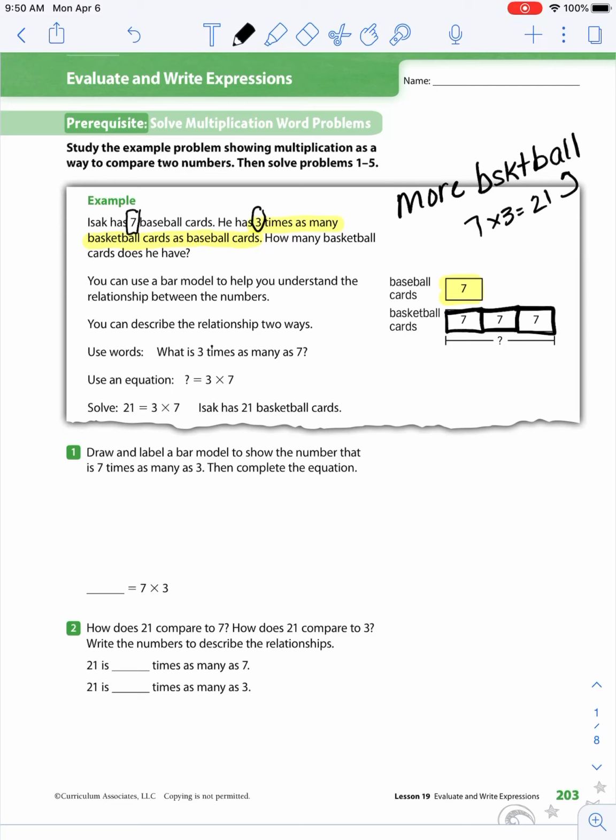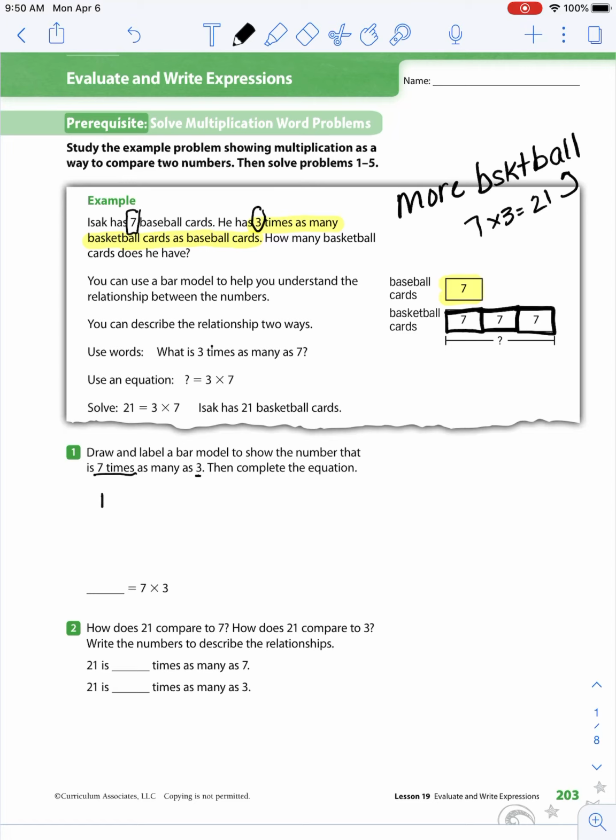All right, let's take a look at number 1. Draw and label a bar model. Okay, so just like what we did in the example, and make sure you label it, to show the number that is 7 times as many as 3. So this one is going to be opposite.